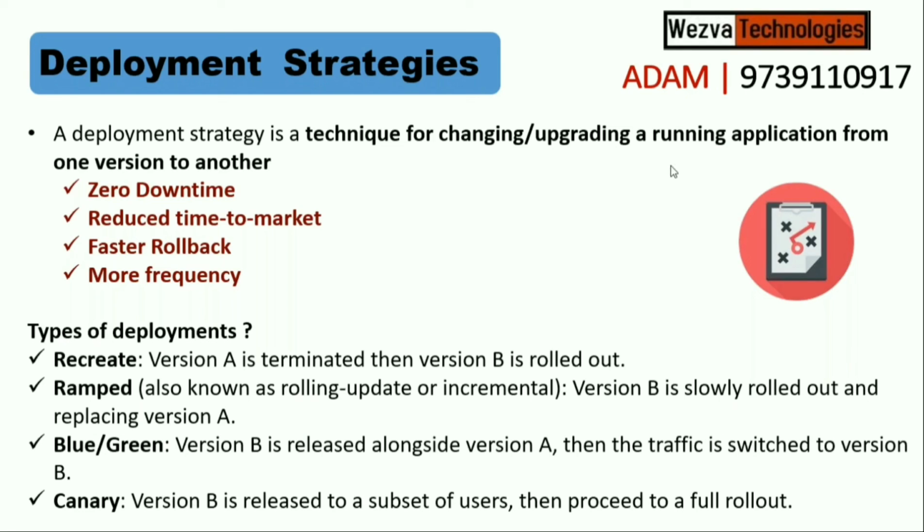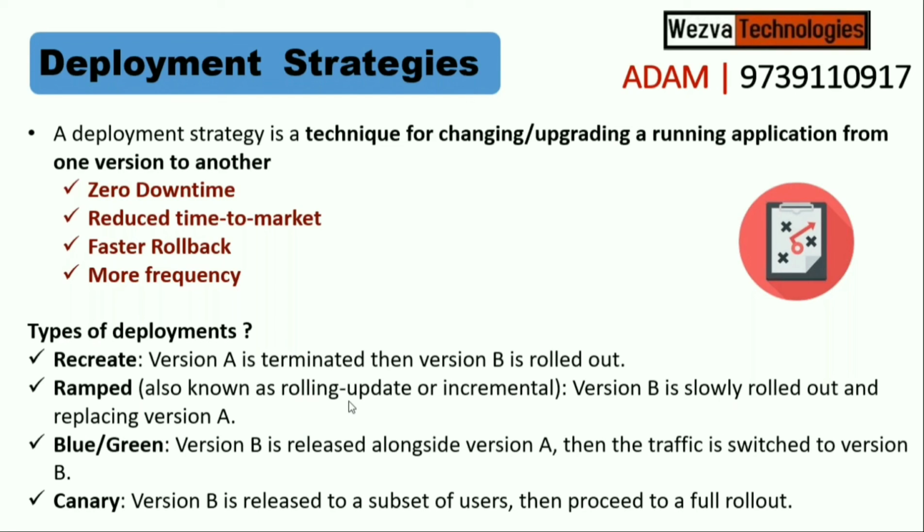Okay. Now, why are we talking about this now, especially when we say deploying in containers? We know that there will be multiple containers or replicas across multiple machines, which is where we will be using an orchestration tool like Kubernetes, right? But Kubernetes supports only 2 types of deployments, which is recreate, also called Big Bang because you just delete and start, and the other one is rolling update.